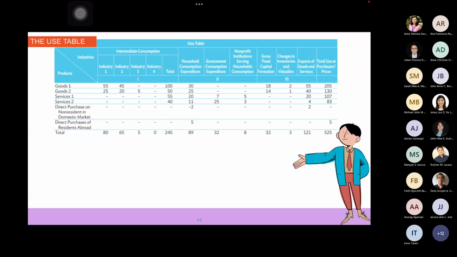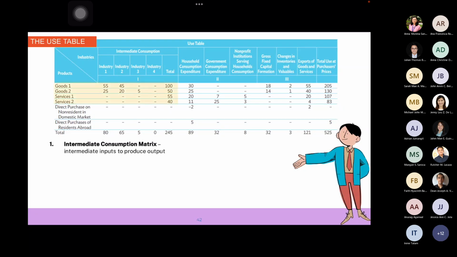So for the industries, it's at the top per column, and we have the products or commodities at the left-hand side. So again, when we put together the supply and use table side by side, the rows should match and it should be balanced. So what are the key partitions or blocks of the use table?